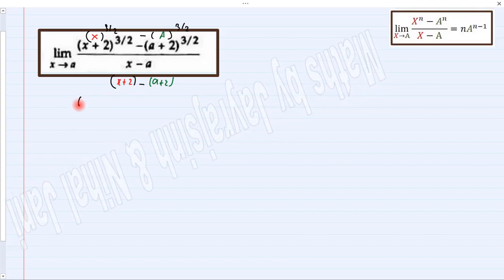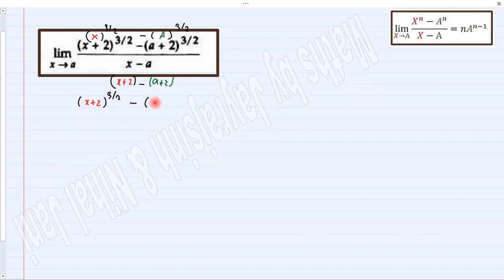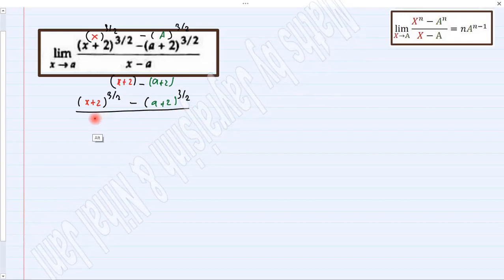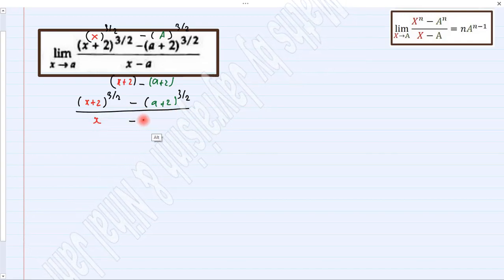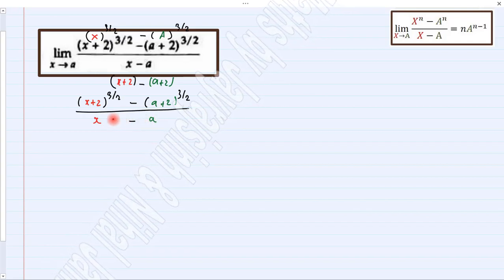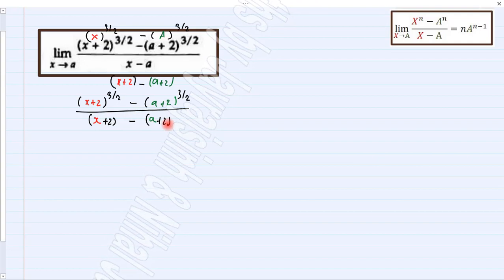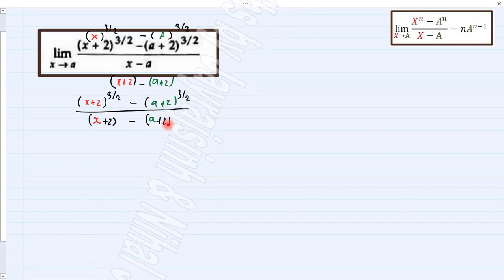So let's write down numerator as it is without any change. Upon, in denominator we have x minus a, and to get proper form just add and remove 2. So you will get function in the proper form.